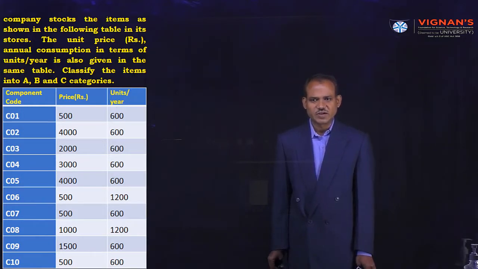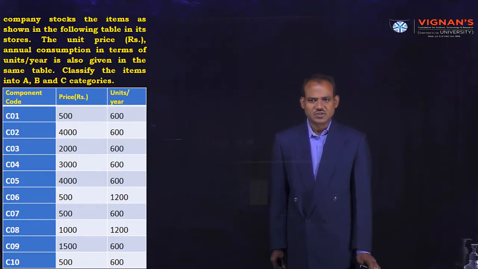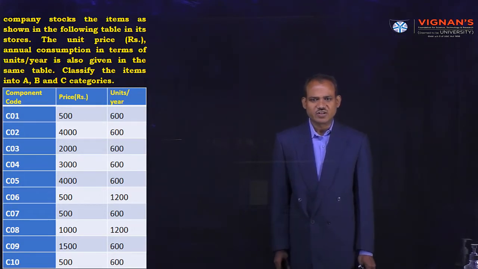For each component, unit price value is given, and in the third column, number of units consumed in a year is also given. That is C01 component, what is the annual consumption? 600. C02 component, what is the annual consumption? 600. Like that. So this is the given data in ABC analysis.